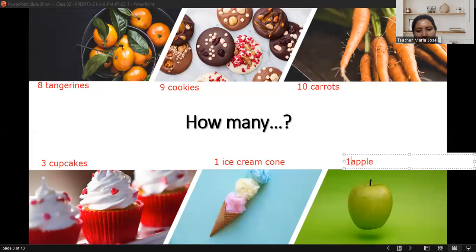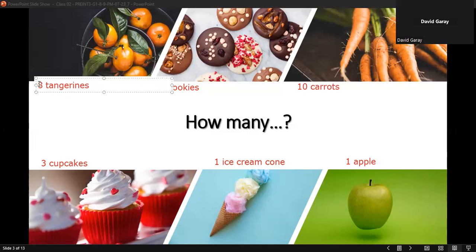Okay. Very good. So now, answering the question how many, I need to use there is or there are with these specific words. For example, 8 tangerines. There is or there are? There are. Excellent.